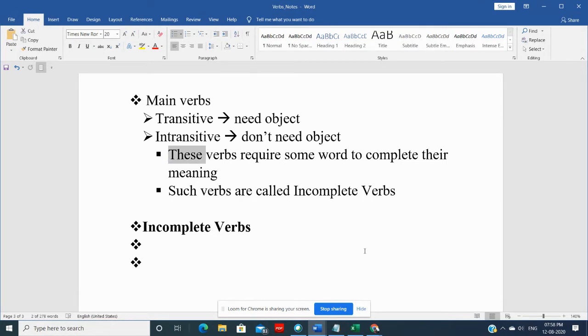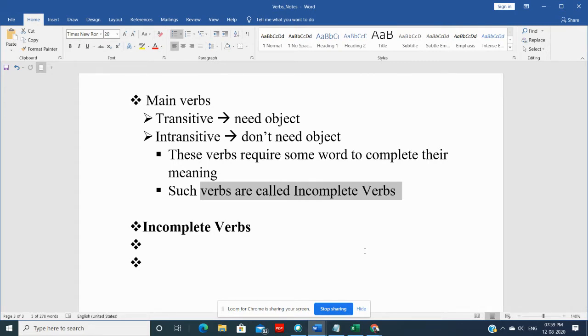Now, these intransitive verbs require some word to complete their meaning. So, such verbs are called incomplete verbs. See, we know that there is a difference between intransitive verbs and incomplete verbs.